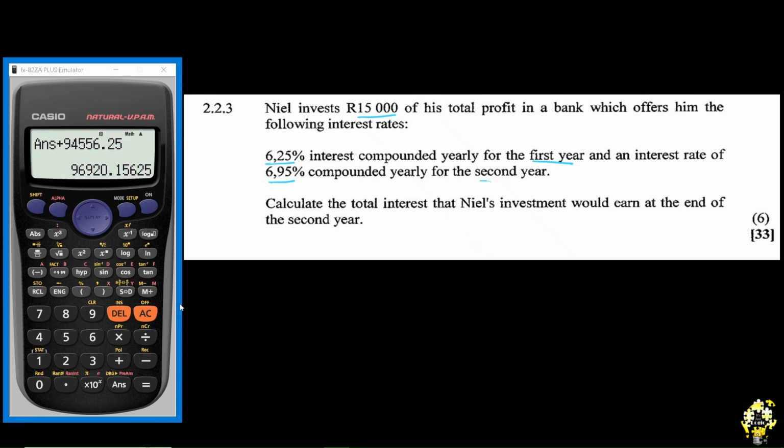Different interest rates, but it's still compounded yearly. For different years, he is getting different interest rates. That should be fascinating.